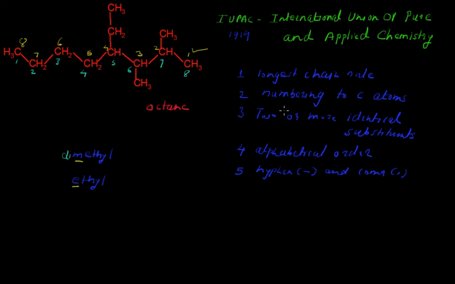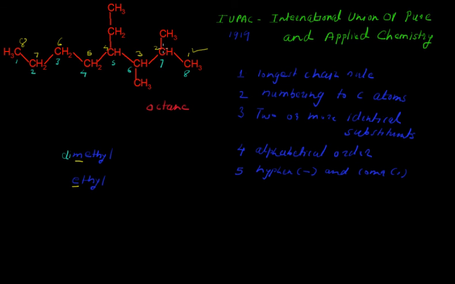Then the next rule is two or more identical substituents. Now we have two substituents and both the substituents are identical. At that time we have already written the prefix, that is dimethyl. Now we have to write the numbering at which position these substituents are coming.